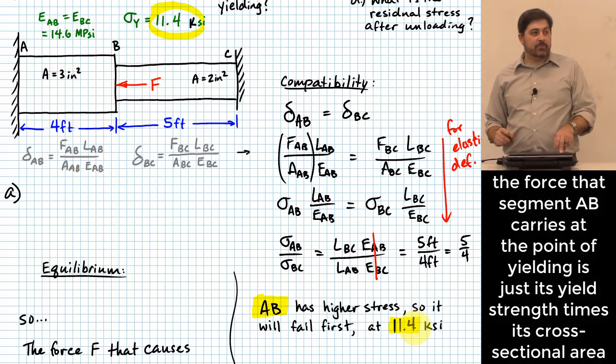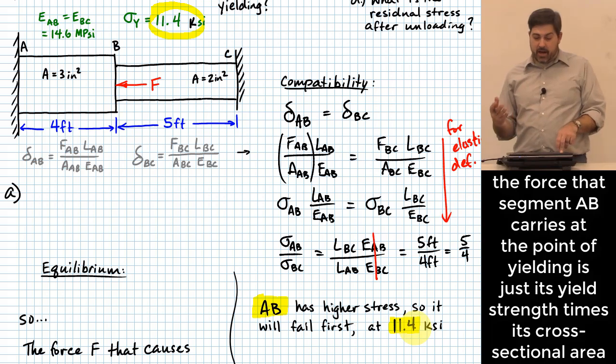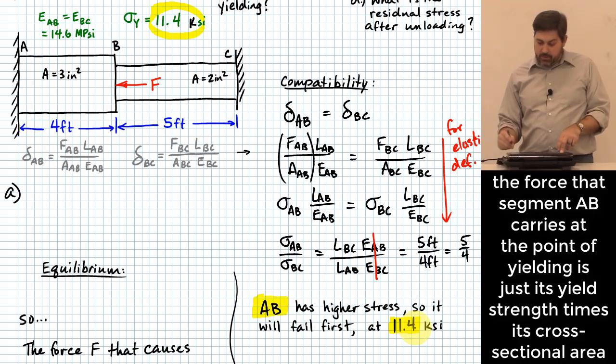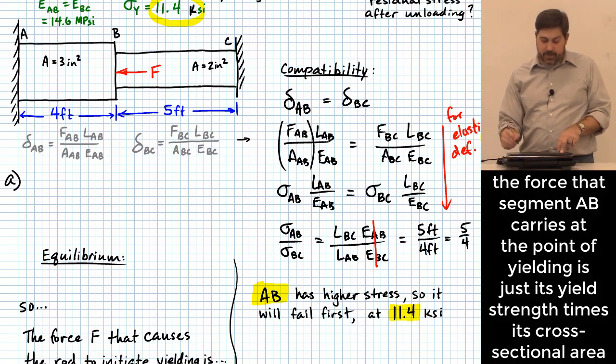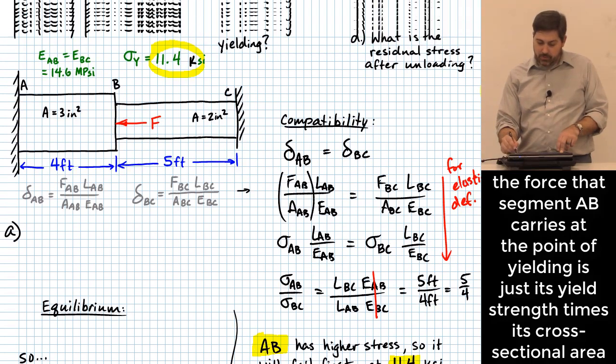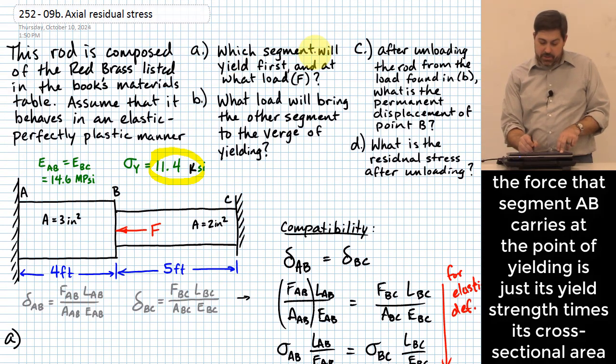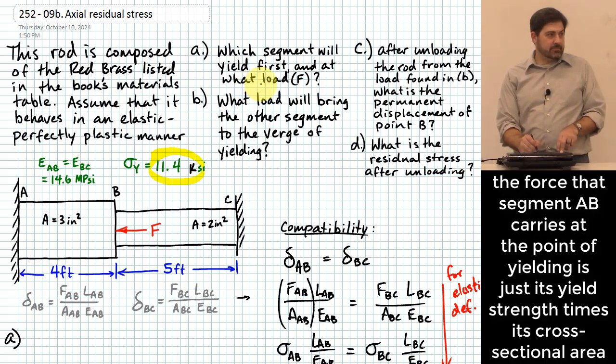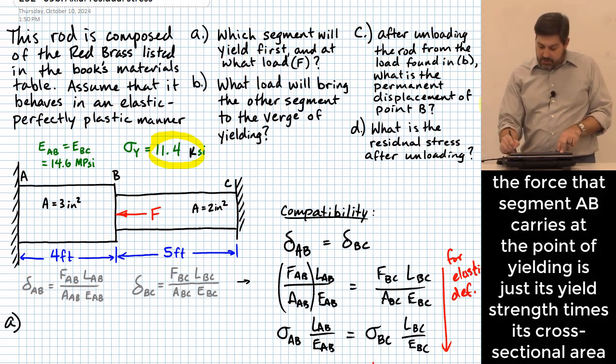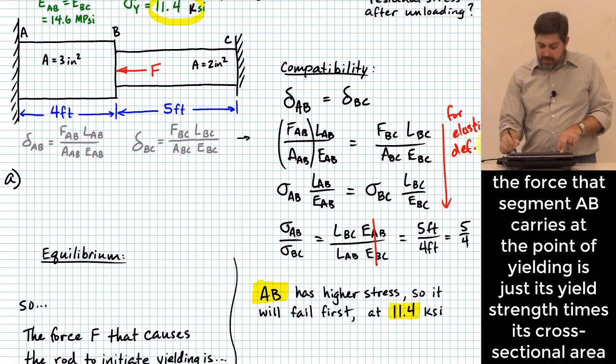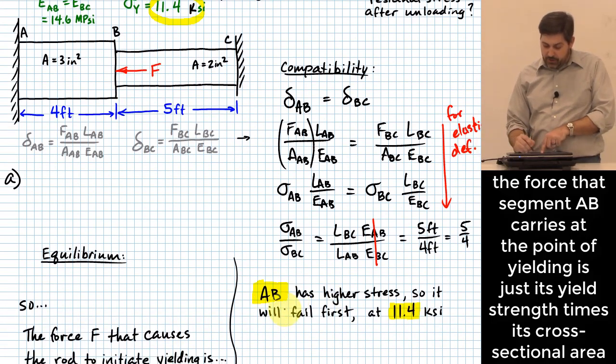Based on that, can I figure out how much stress and or how much force is in that part at the point where it begins to actually fail? Because if you look at what we're asked to do in the first part, it says which segment will yield first and at what force F, right? So we just answered that it's going to be segment AB that yields first.